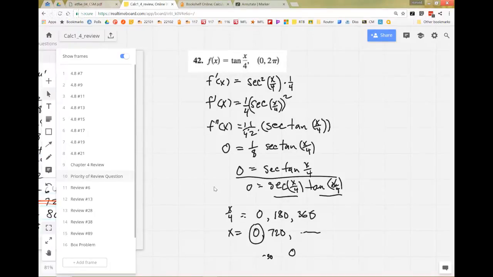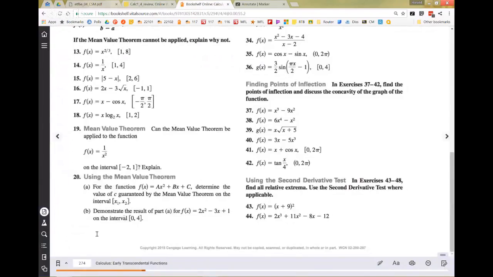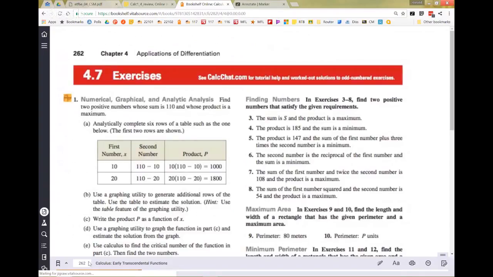Also number 8 on page 262. Okay, number 8 on page 262. Number 8. Oh, yeah. The sum of the first number squared and the second number.